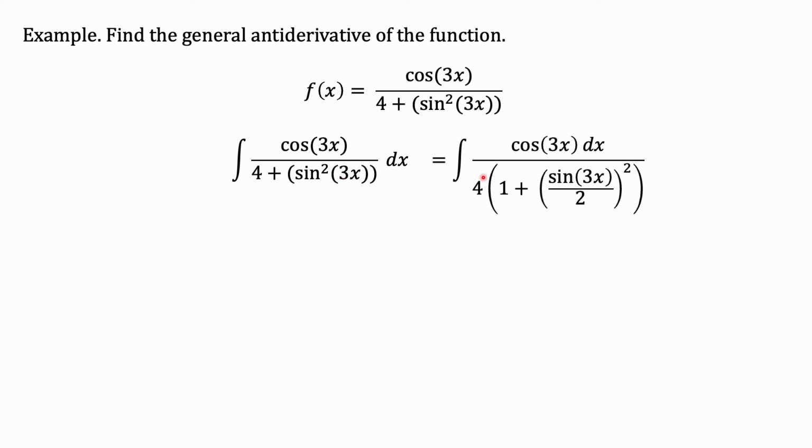And we can now rewrite this without making any changes yet, but just changing the form of it, changing the bottom so that it looks like this, right? So get it in that form that we rearranged on the last slide. Now at this point, the 4 has to stay here. What's inside here is going to become our 1 plus u squared, right? And then on top, that's going to become our 2 over 3 du.